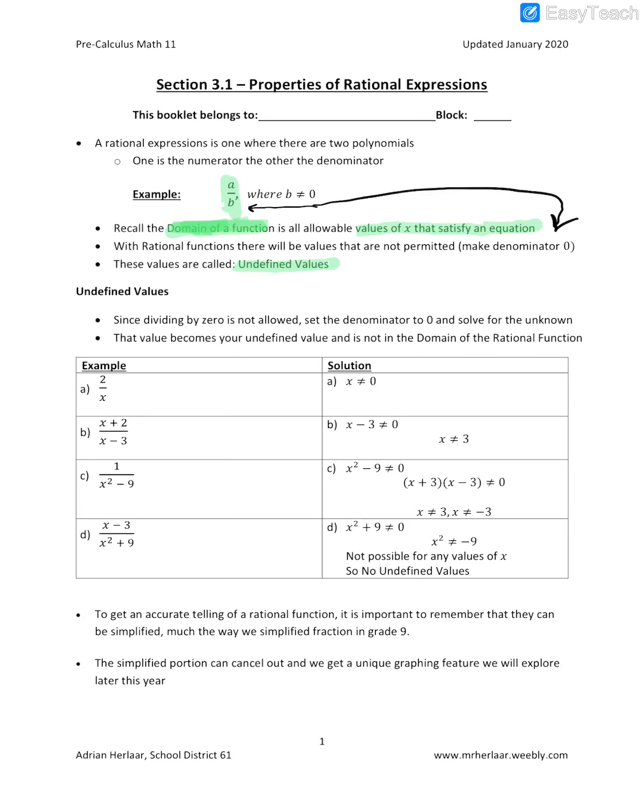So if you look below here at the first couple examples, they're rather straightforward to find out. Here, you have 2 over x. Well, obviously, what can't x be? If we don't want the denominator to be 0, it can't be 0. That's it. Done. Now for the next question, x minus 3. Now we don't care about the numerator. We'll get to the numerator in probably section 3.3, 3.4.